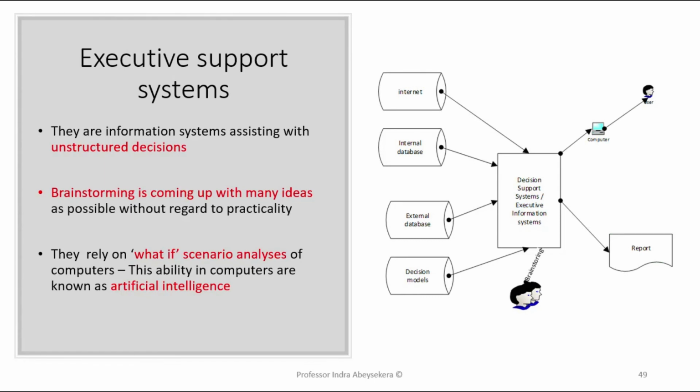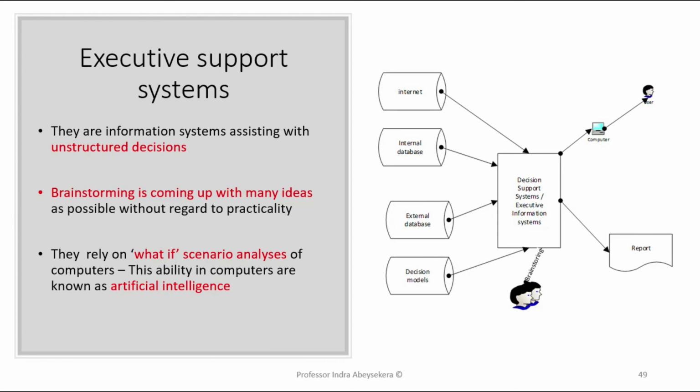Executive support systems are used to understand and make decisions using unstructured data. And in making such decisions under executive support systems, there's a lot of brainstorming that takes place to generate ideas, because they are unstructured data and we are trying to make unstructured decisions.